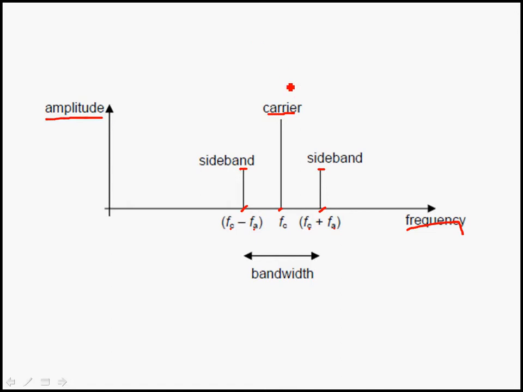With the values that we used, the carrier frequency was 50,000, so in kilohertz this would be 50 kilohertz, Fc plus Fa would be 50 plus 5, so 55 kilohertz, and Fc minus Fa would be 45 kilohertz.